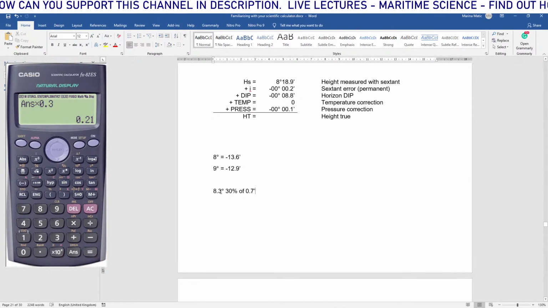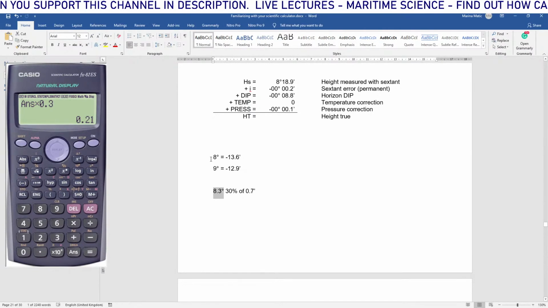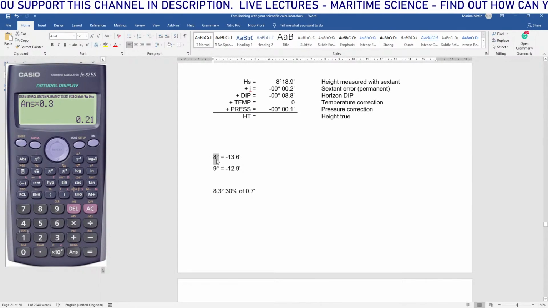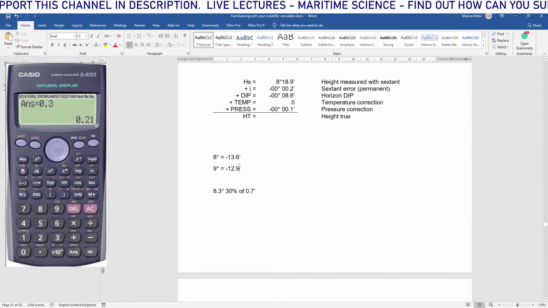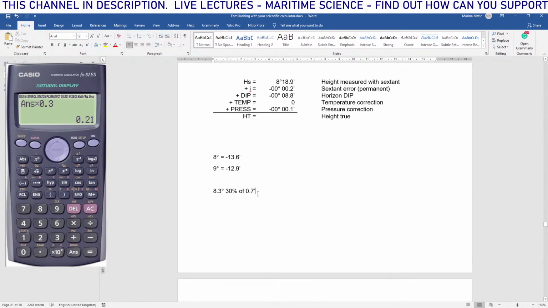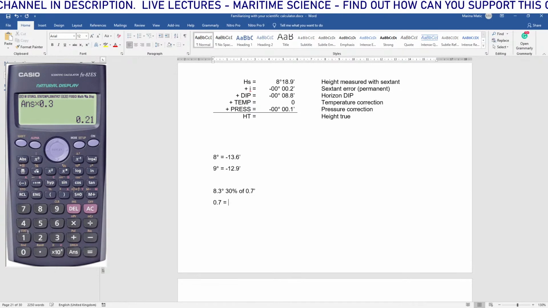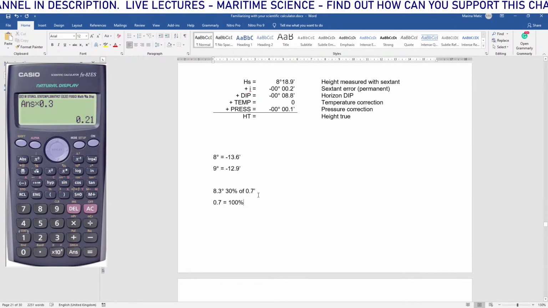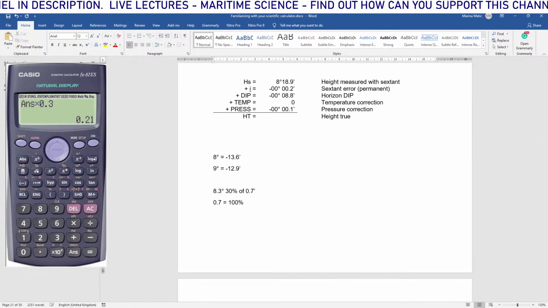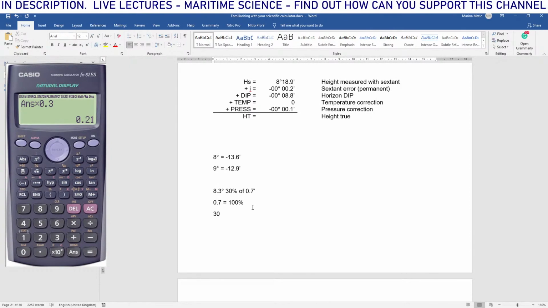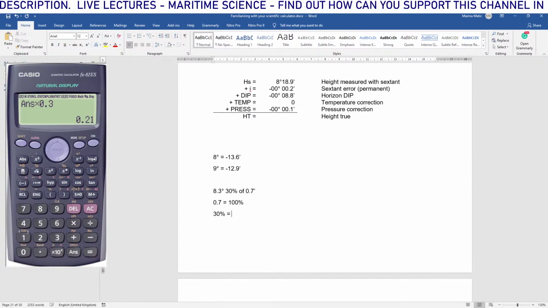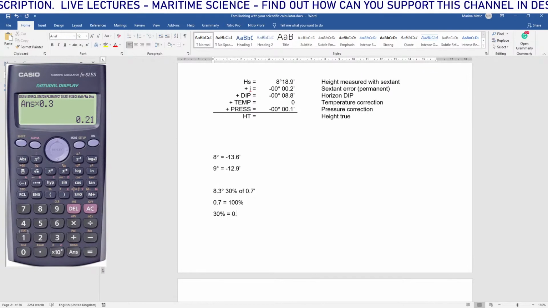And we have 0.3. So that means our value is 30% over the value that we have in table, so value 8. The difference between the two values belonging to 8 and 9 is 0.7, so that means 0.7 is equal to 100% of error between those two values. And I need to know for 30%. How much is this for 30%? And for 30% is 0.2.